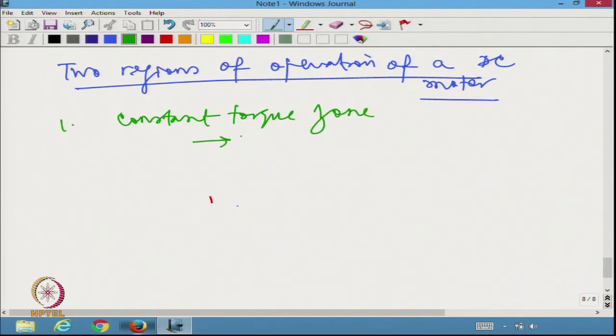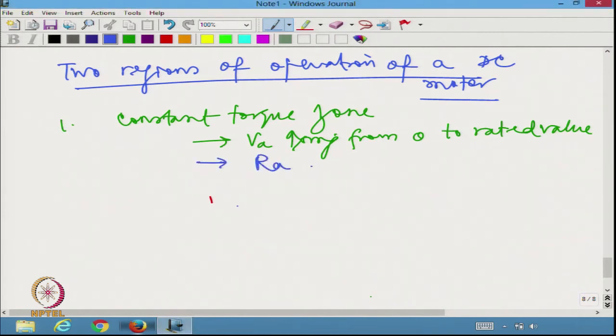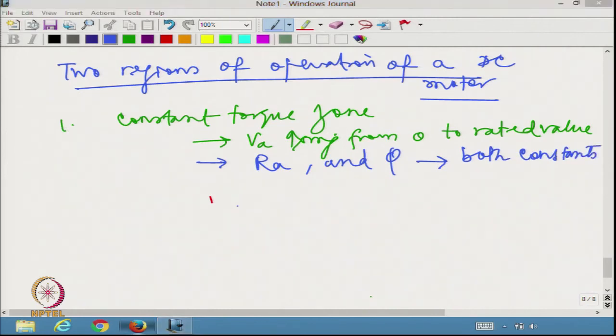In this case, we are going to have Va increasing from 0 to rated value, but Ra and flux, both are constants. So, I am going to maintain constant torque capability of the machine under this condition.